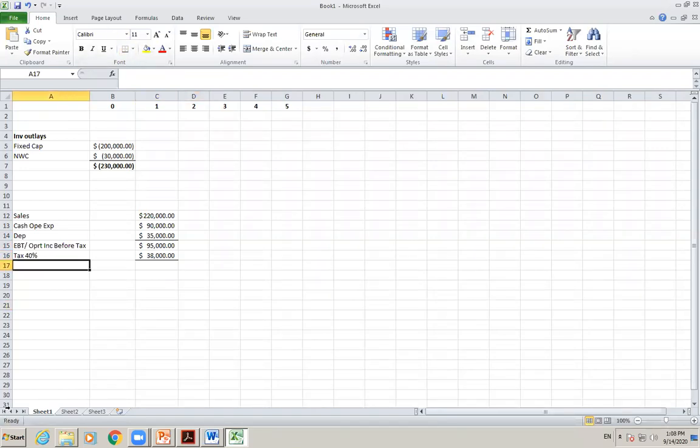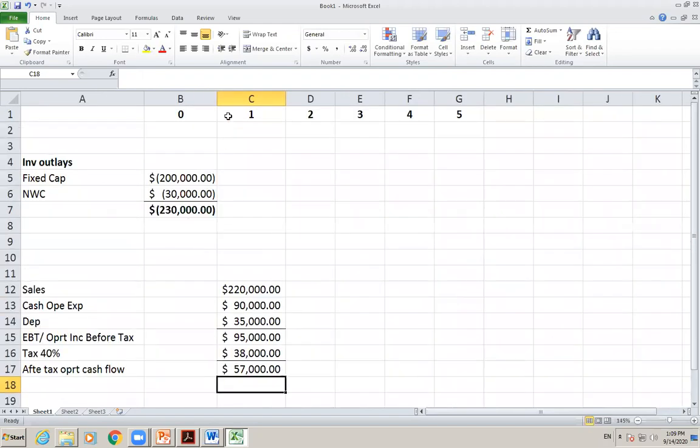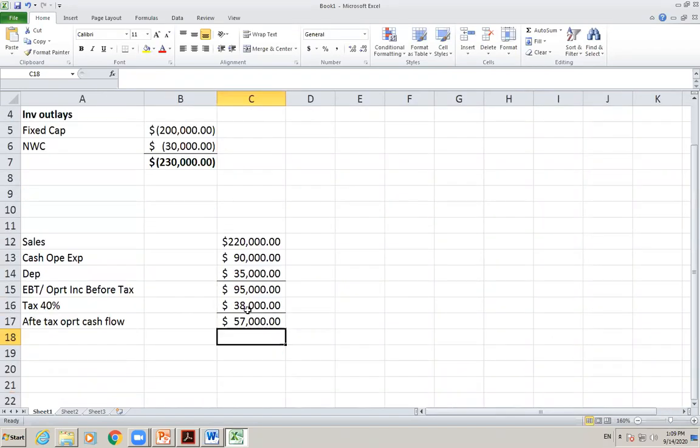My after-tax operating cash flow, so this minus this. I think I should make it a bit bigger here to show it to you.